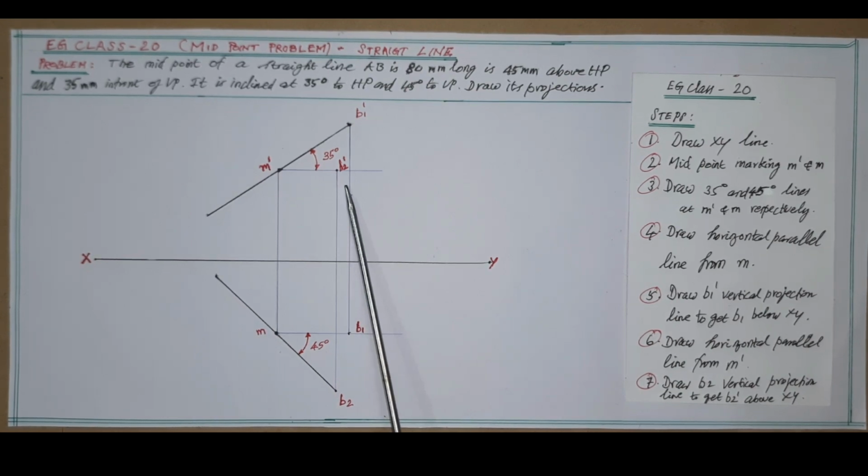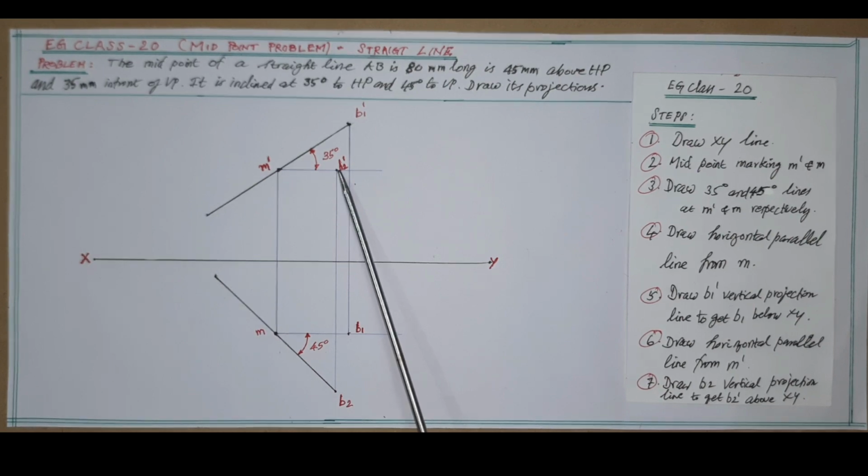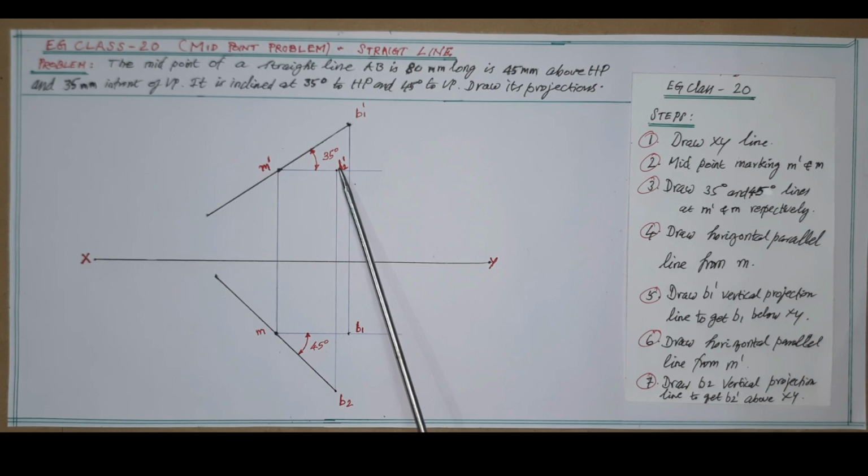Next, our aim is to find the final image of the line from the imaginary position. Here B1 and B2 dash are the imaginary position ends, obtained by assuming the line earlier parallel to alternate planes, but actually which is not the condition in the problem, and it was done only as supporting steps.